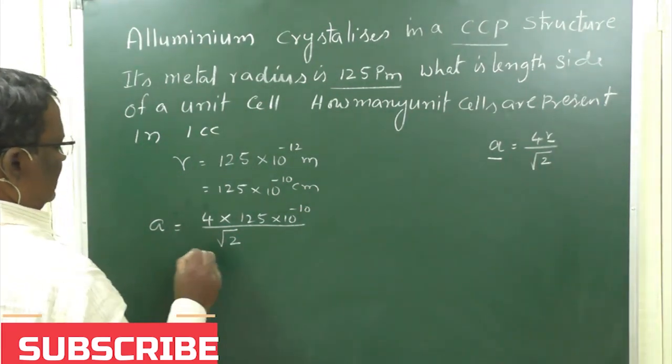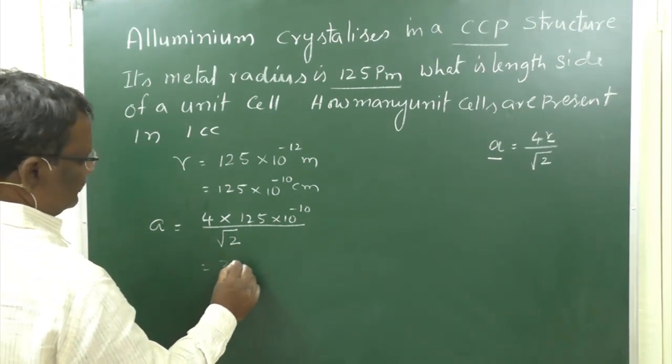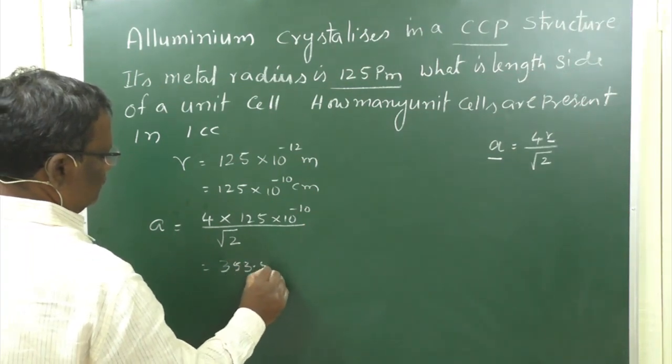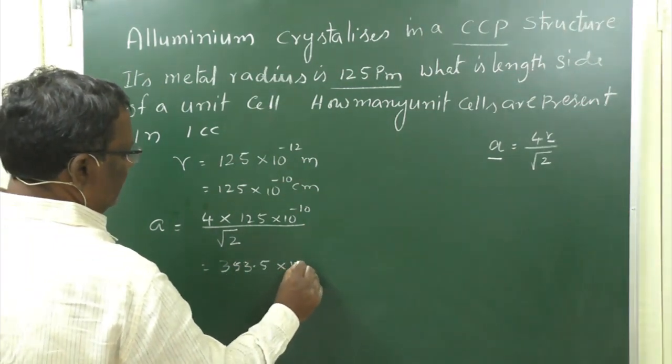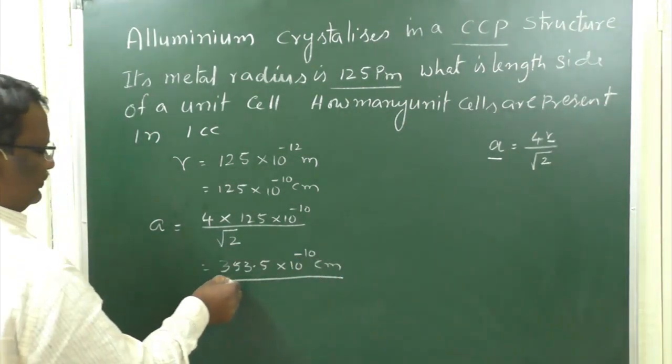On simplifying this, A is found to be 353.5 into 10 to the power minus 10 centimeters.